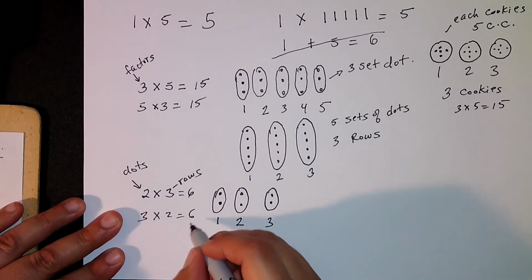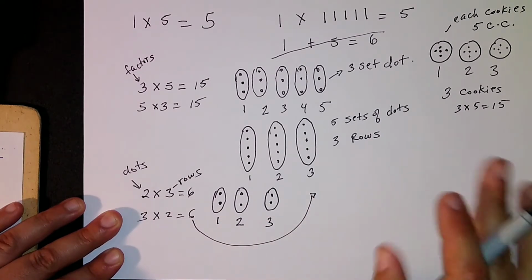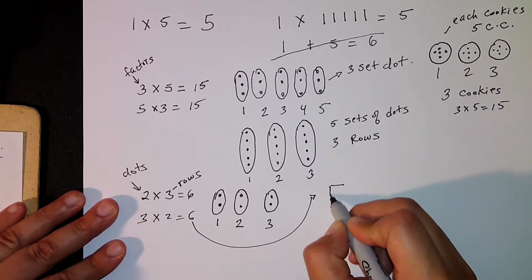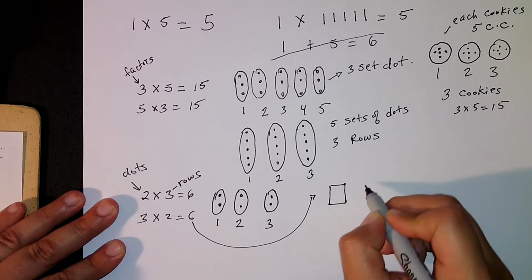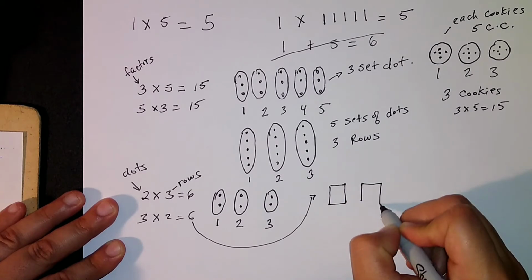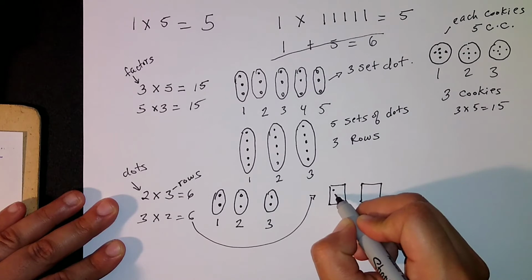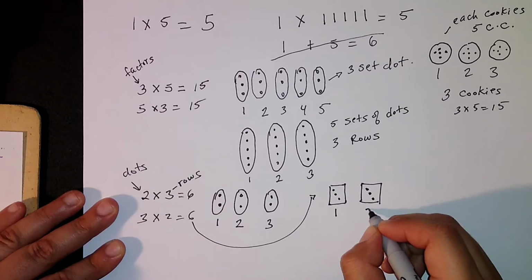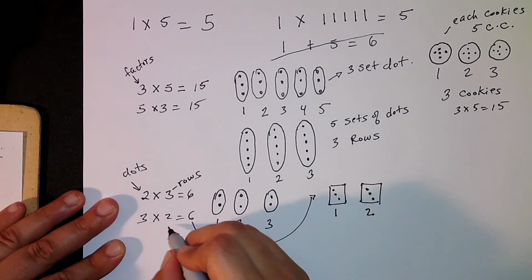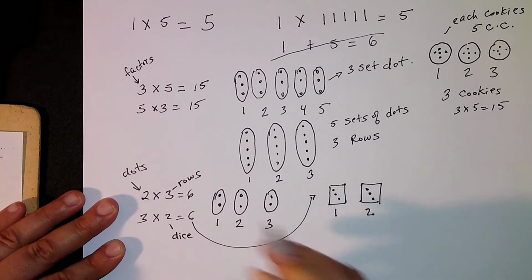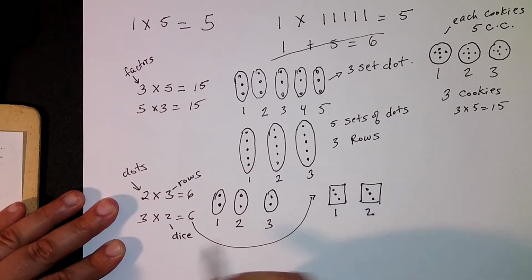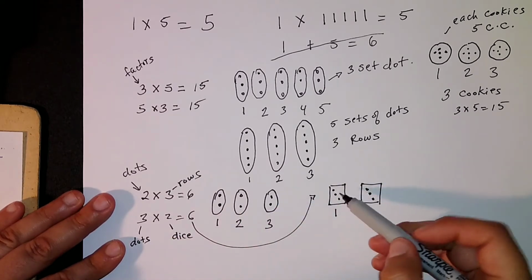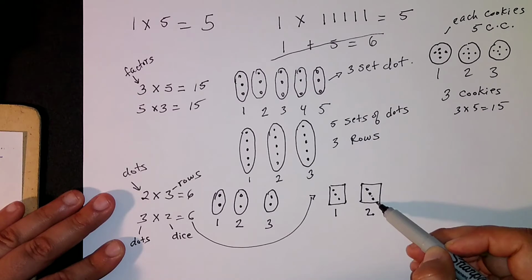So let's do an example over here. Let's say we have dice, right? We have 2 dice, and each dice we have 3 dots. Dice 1, dice 2. And each dice we have 3 dots. So we count 1, 2, 3, 4, 5, 6.